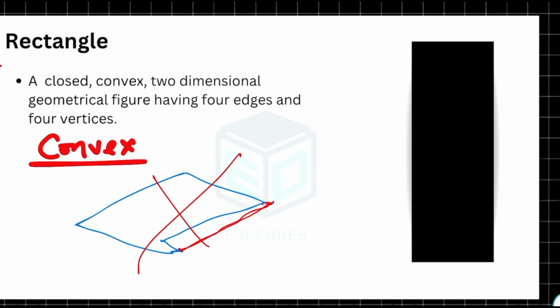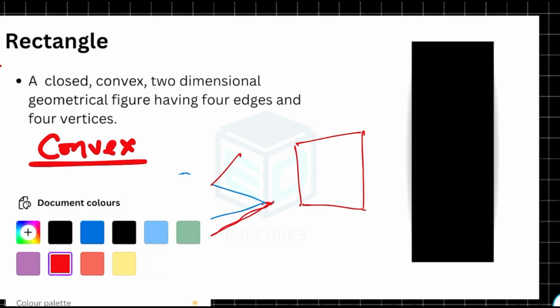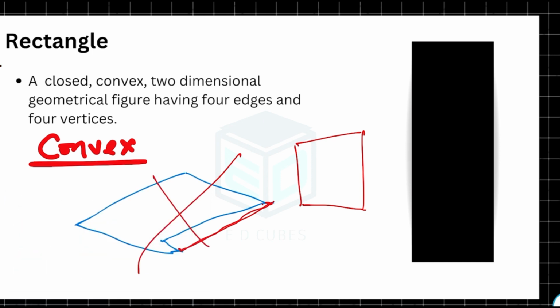So which figure is convex? Let's say we draw this, and now we try to join two vertices. When we join, this line is lying on the figure, this line is lying on the figure, and every other line is also lying in the figure.